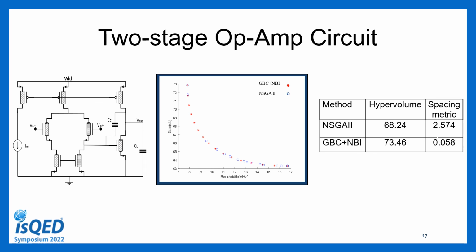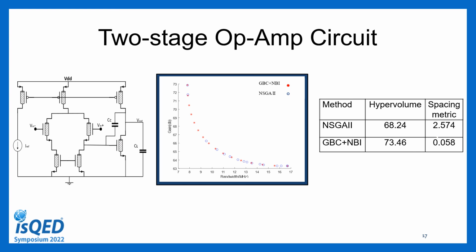Here we consider a two-stage op-amp circuit and applied our optimization method to it to see its performance. On the middle picture, you can see the Pareto front generated by using our modified GBC plus NBI method and NSGA-II method.